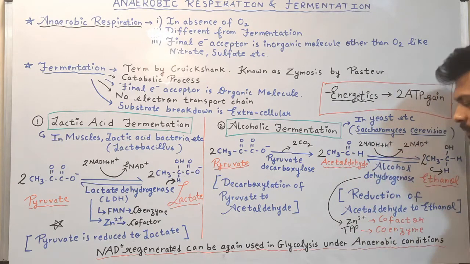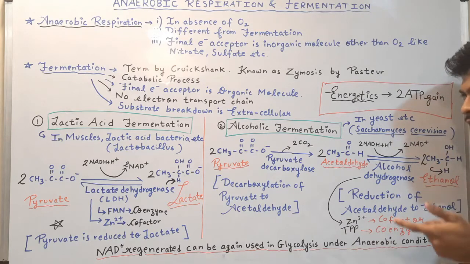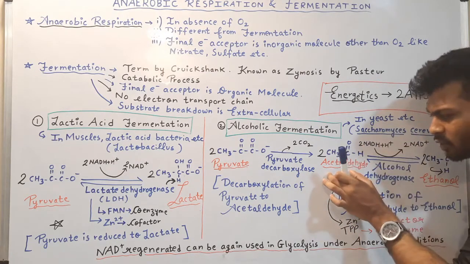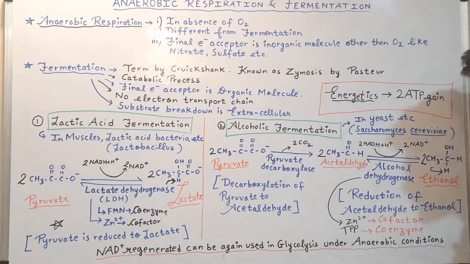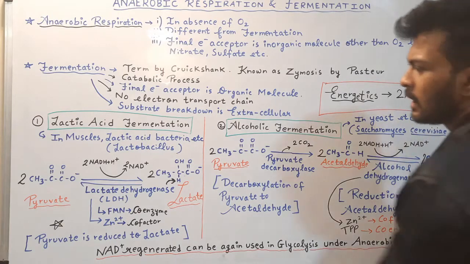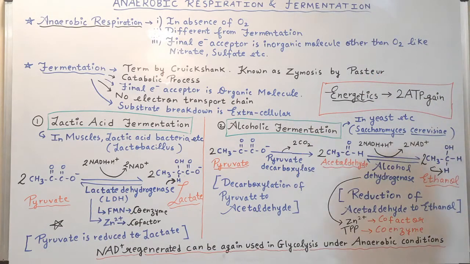The hydrogen atom liberated from the oxidation of NADH plus H plus is accepted by the acetaldehyde molecule, and when acetaldehyde accepts that hydrogen atom, shown by the black arrow, it gets converted into ethanol. So the conversion of pyruvate to ethanol is a two-step process, whereas the conversion of pyruvate to lactate is a one-step process.